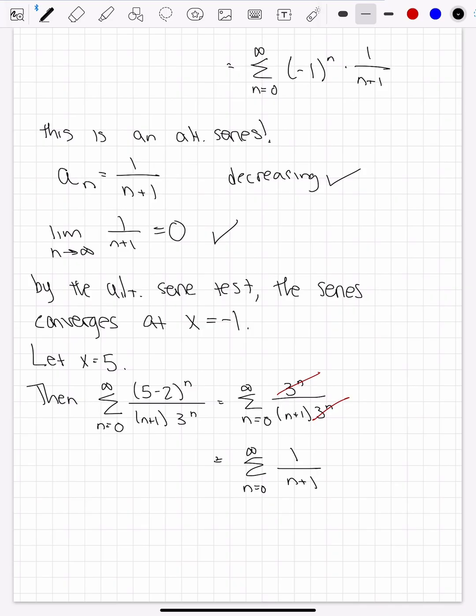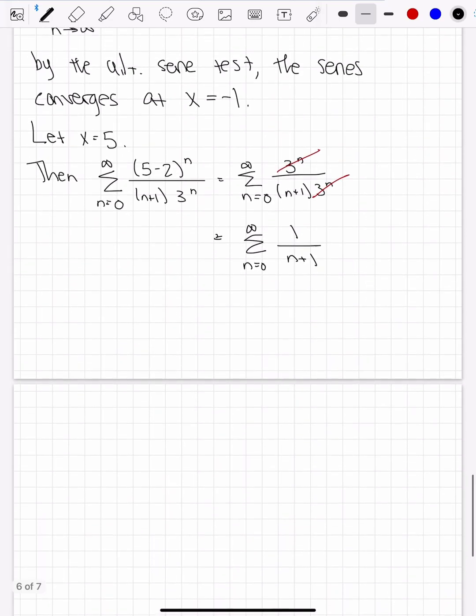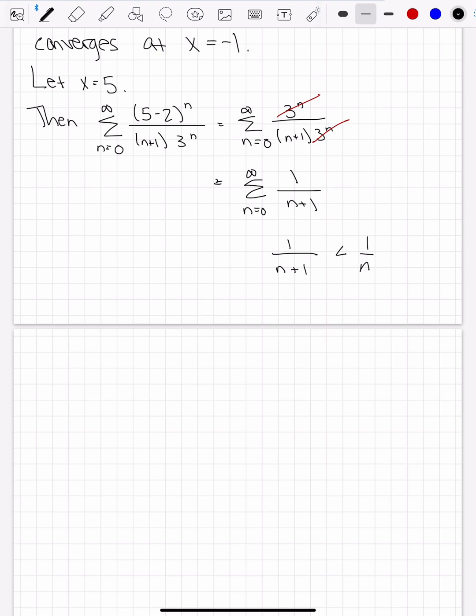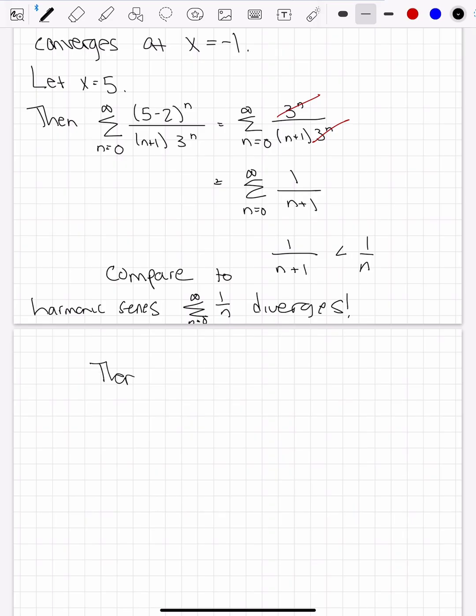So what is this? This is a pretty simple series. We know that 1 over n plus 1 is smaller than 1 over n, because we divide by a bigger number. So therefore, compare to the harmonic series, which we know diverges.